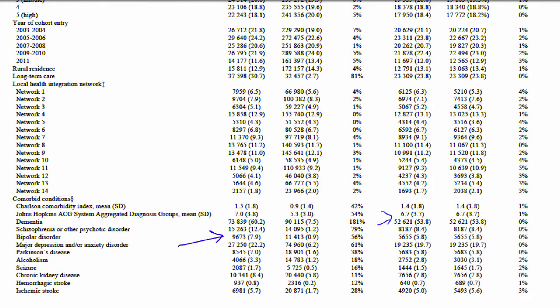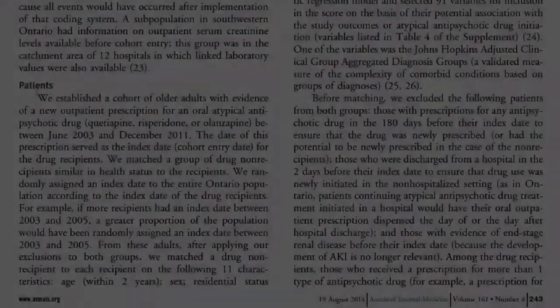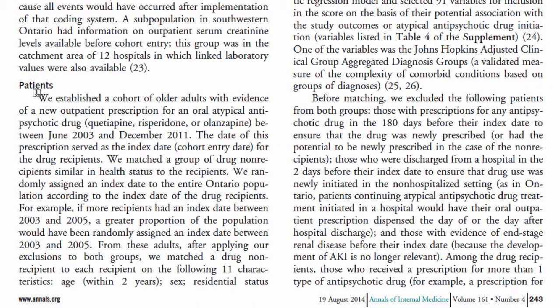The authors have used a statistical technique called matching to create similar comparison groups. If we go back to the main article, we can see where the researchers describe this technique. They describe a cohort of older adults with evidence of new outpatient prescriptions for an oral atypical antipsychotic drug, and then they describe a matched group of drug non-recipients, similar in health status to the recipients.